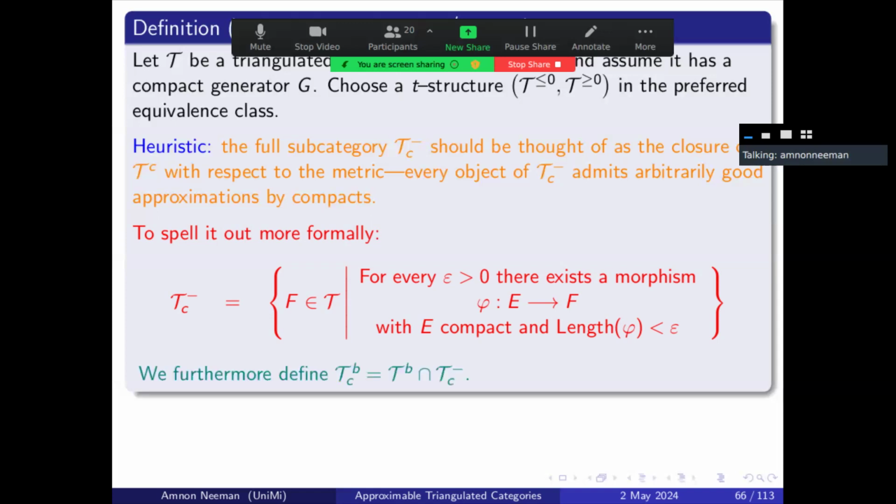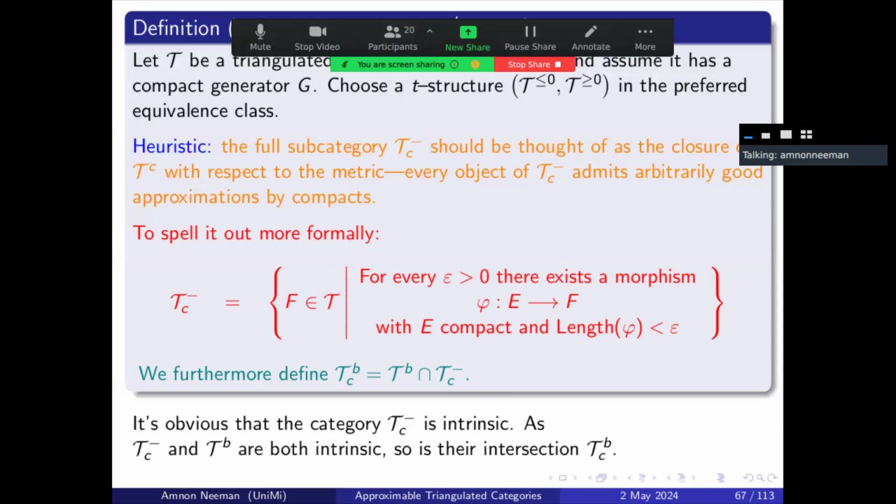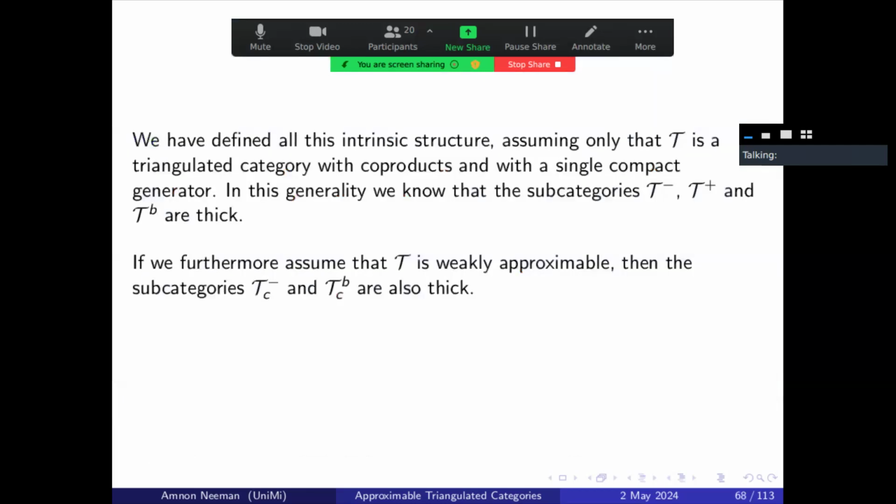And we define TBC to be the intersection of the bounded and the closure of the compacts. The closure of the compacts is intrinsic, and so are the bounded, so therefore so is the intersection. And we're only assuming so far that the category has coproducts and a single compact generator.